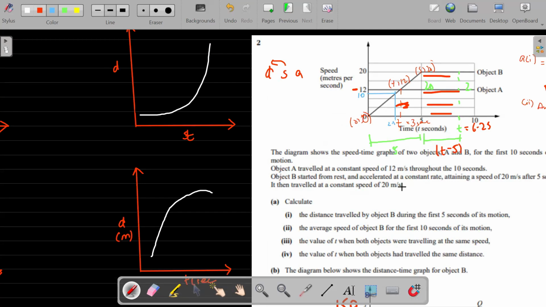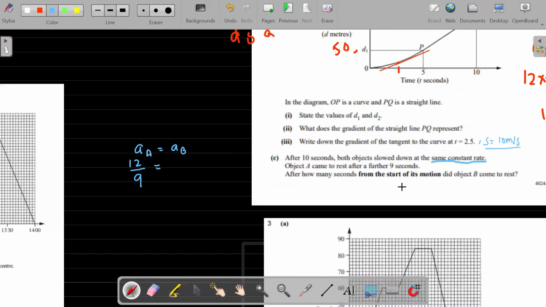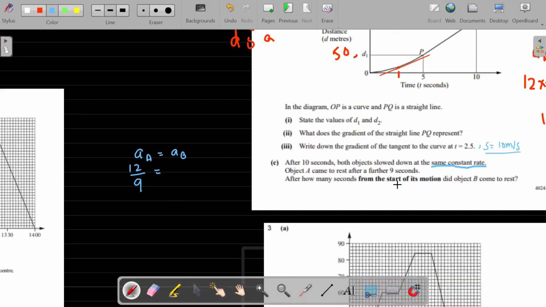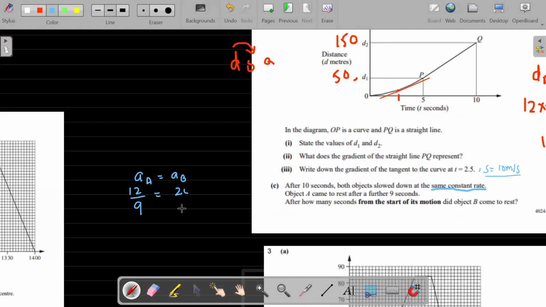So I'm going to find the time for that. I will consider the time T, and I will write here 20 over T. Let's cross multiply. T equals 20 times 9 over 12, which is 15.